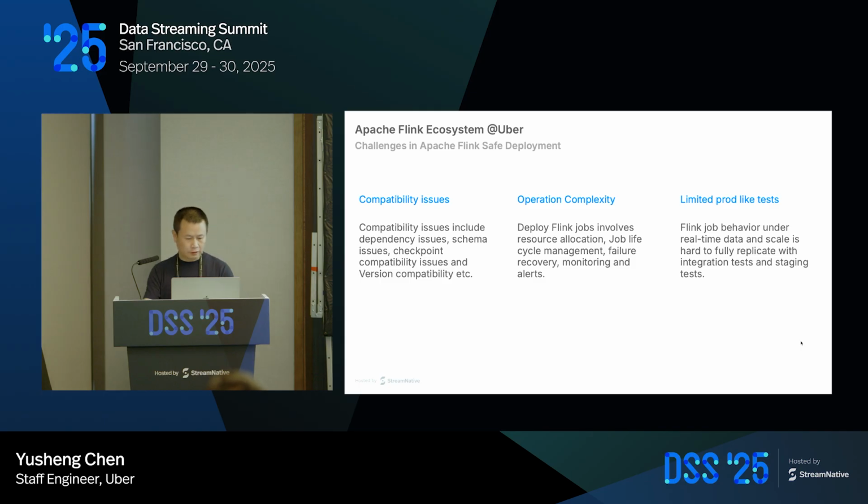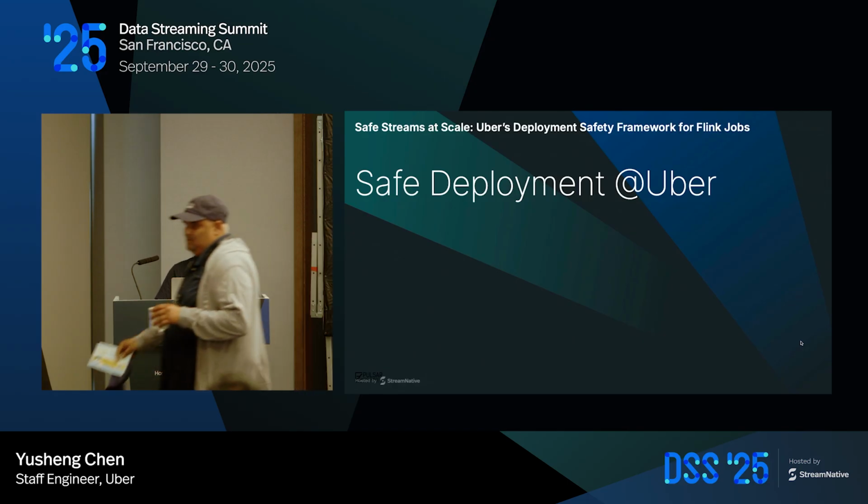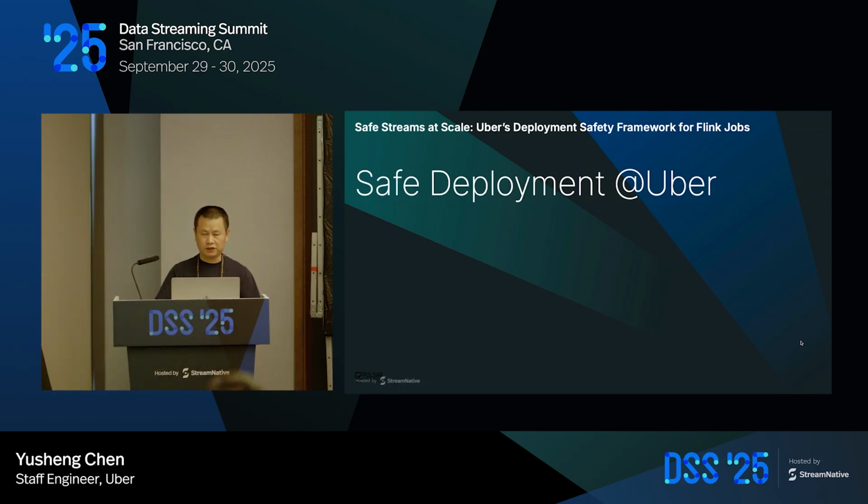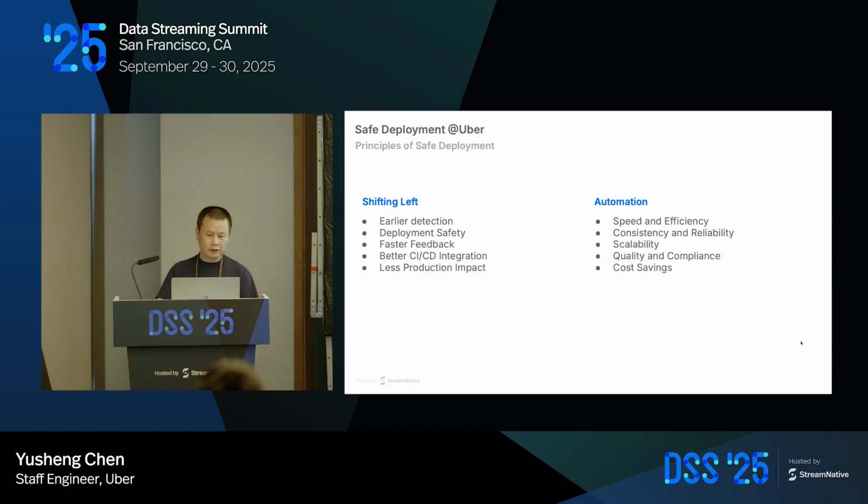So for all these problems, we are trying to resolve them, not only for Flink. Actually, at Uber, we have had safe deployment for years. It's not only for real-time streaming applications, that's one of them, but also for microservices and for stateful services like databases. We implement it with the same principles. Basically, shifting left.